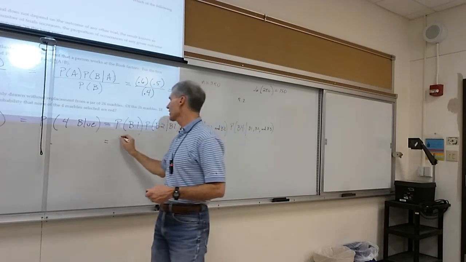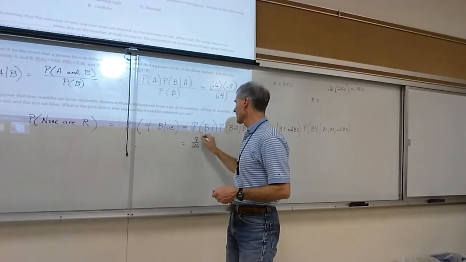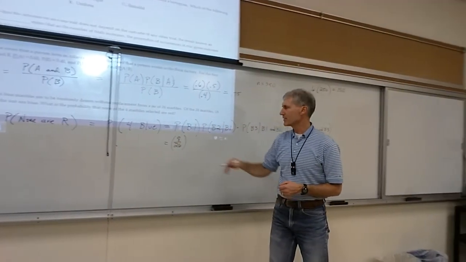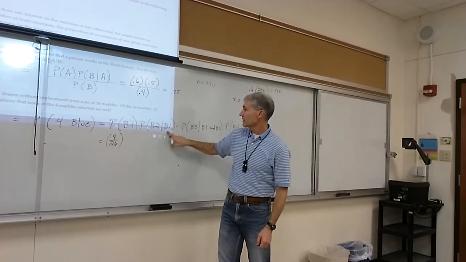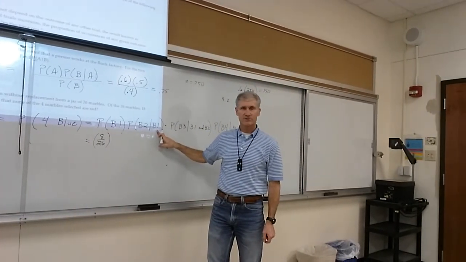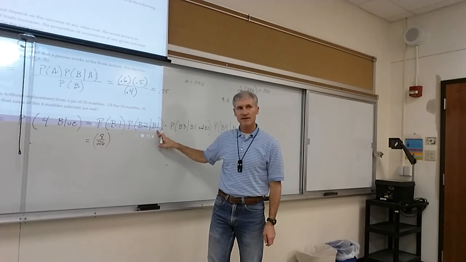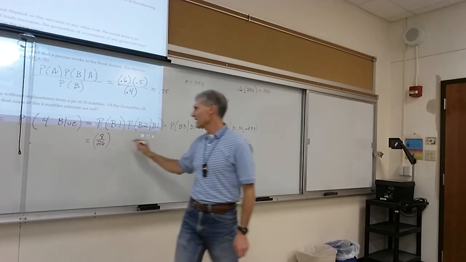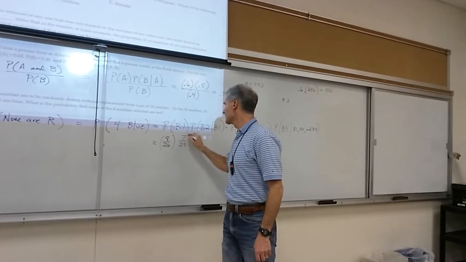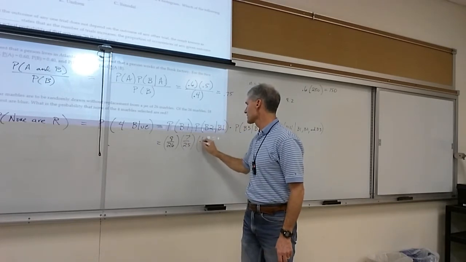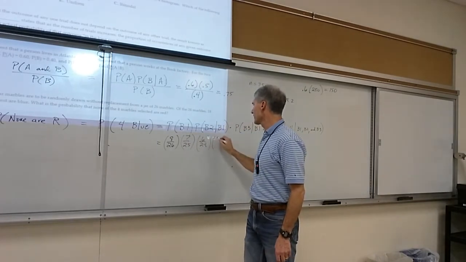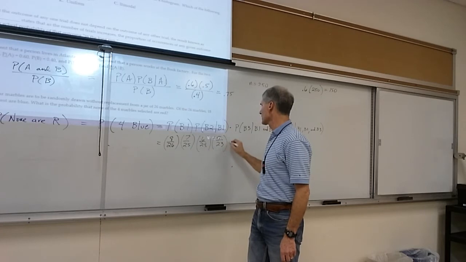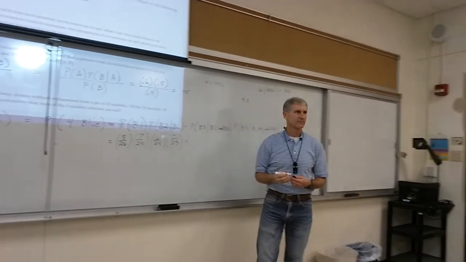So 8 out of 26 on that first draw. Now on the next draw, you got a blue one on the first draw. So how many blues are left? 7 out of 25. And then you see the pattern. 6 out of 24, 5 out of 23, and there's your answer.